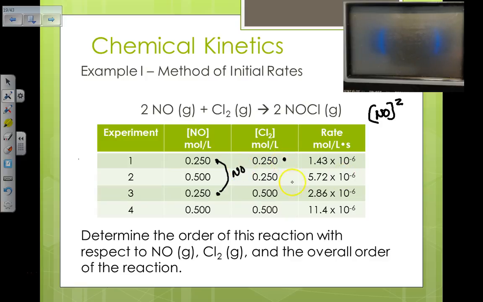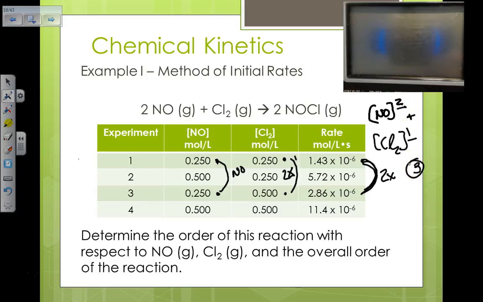Looking at what happens from experiment 1 to 3, we doubled the concentration of Cl2, and when we doubled the concentration, the rate doubled. So if it's a direct linear relationship, that means the order of the reaction is first, because 2 to the first equals 2. Now, the overall order is going to be 2 plus 1, which is 3.